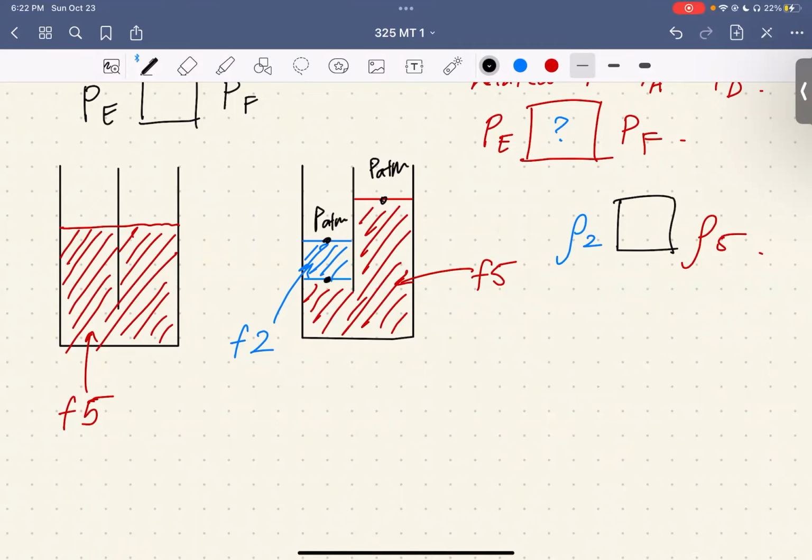If we start at this location where the pressures are equal and we travel this height right here, we get to PATM, right? It's rho g h, right? But if we have to travel more to get to PATM, that means, so if the height increases, to actually measure that change, that means rho is lower.